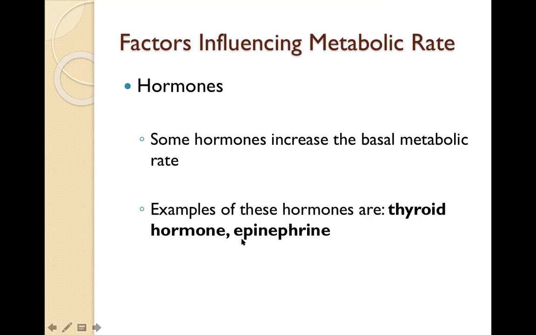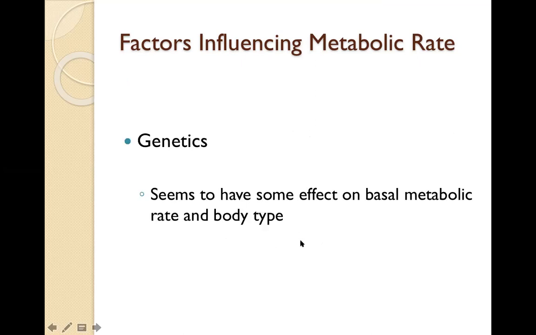Epinephrine is the other hormone. More epinephrine increases your metabolic rate. Genetics plays some role in basal metabolic rate and body type, but it's not as much as you'd think.